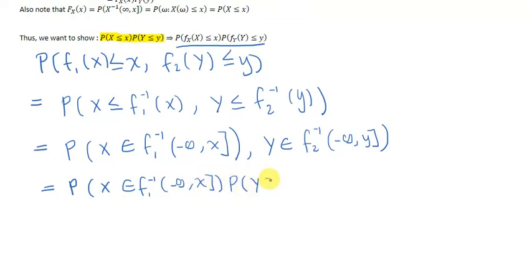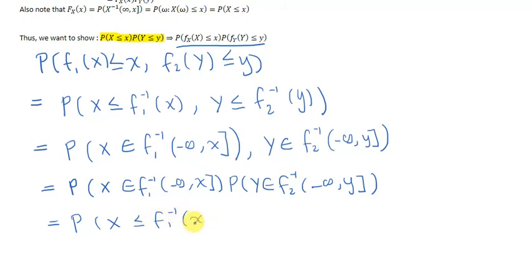The probability that x is in f1 inverse of negative infinity to x, closed bracket, times the probability that y is in f2 inverse of negative infinity to y, closed bracket, is equal to the probability that x is less than or equal to f1 inverse of x, times the probability that y is less than or equal to f2 inverse of y.